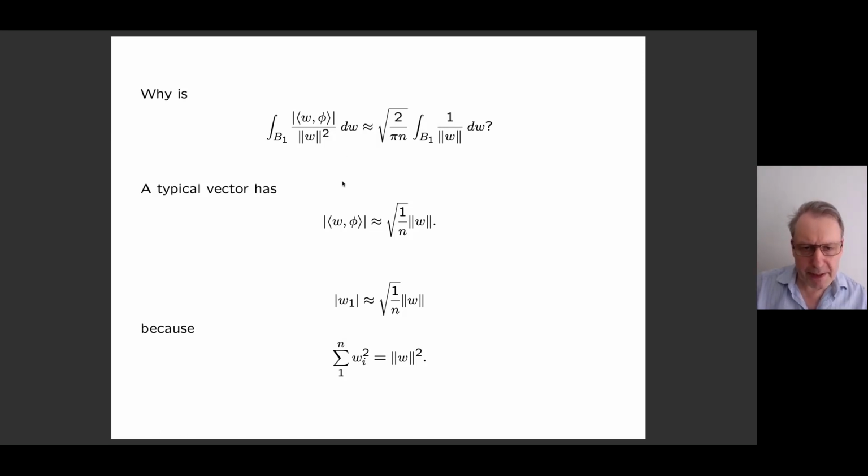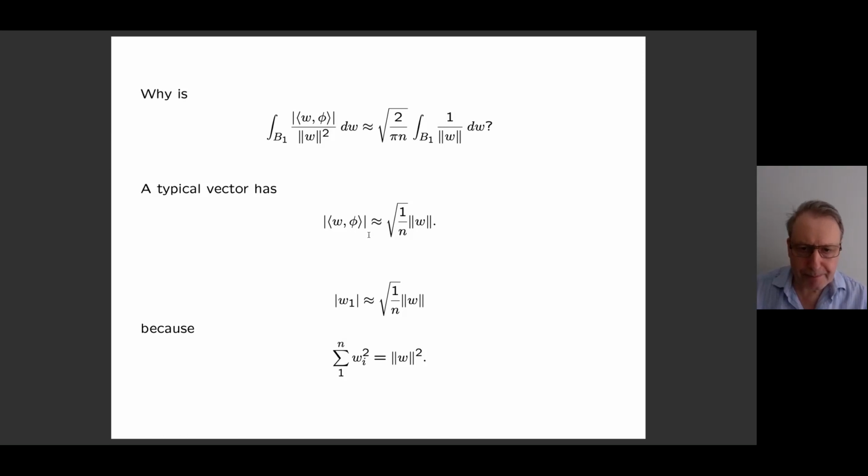So my question is, why is it that a typical vector, typical in the sense of, as it were, randomly chosen from a ball, should have inner product with phi, which is approximately 1 over root n times its length? So we replace the length by the inner product over the length squared, so the extra ratio is the inner product divided by the length. Why should that be about 1 over root n?